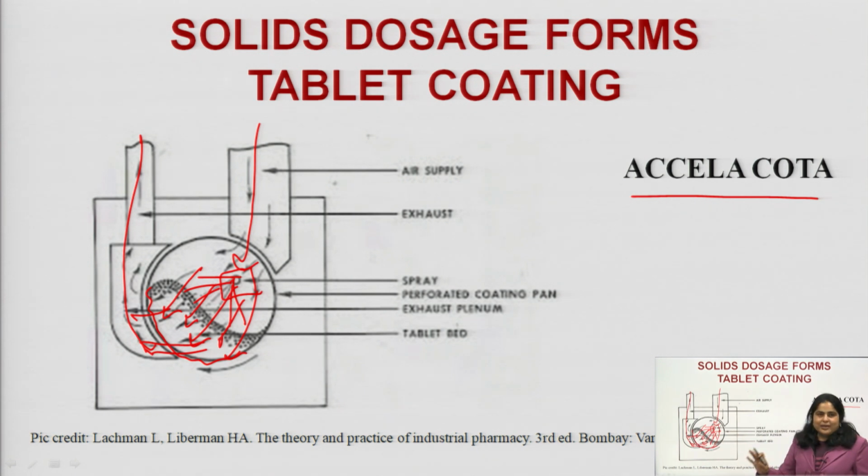So, in Accela-Cota there is better contact between the tablet bed and the hot air. So, drying efficiency is further increased. This Accela-Cota suited the pilot plant batches more than the single pan type of coating equipment.